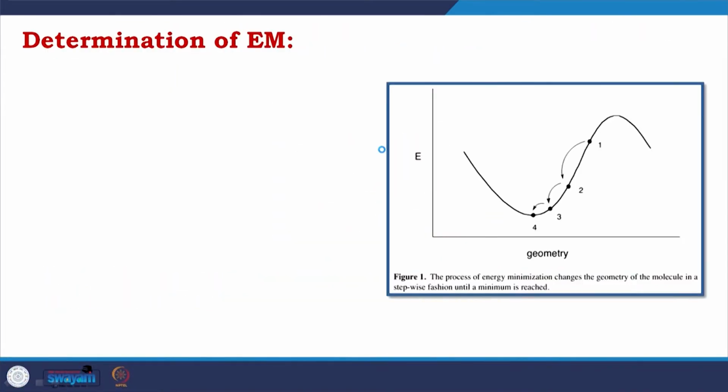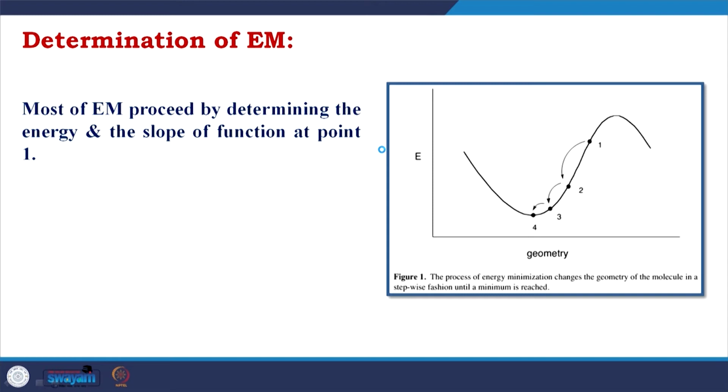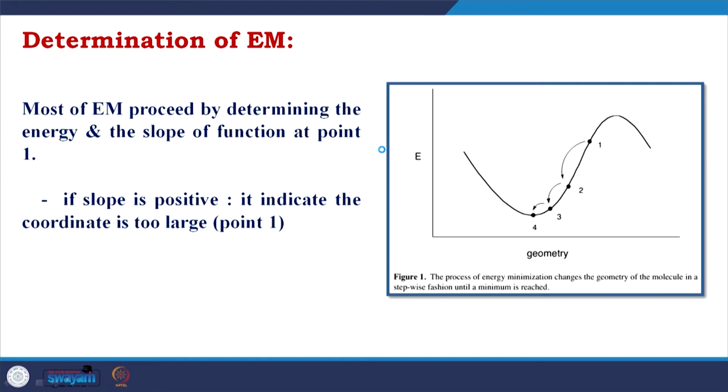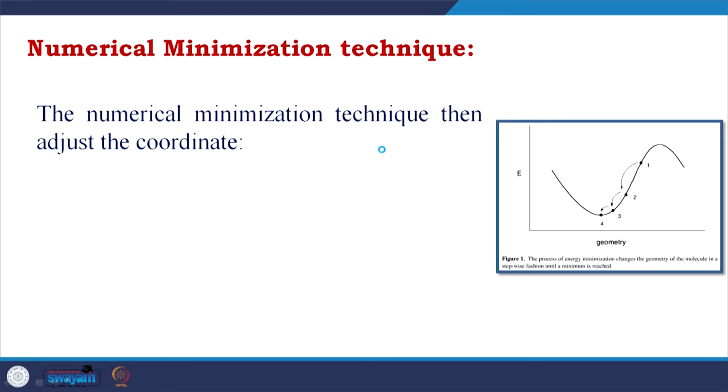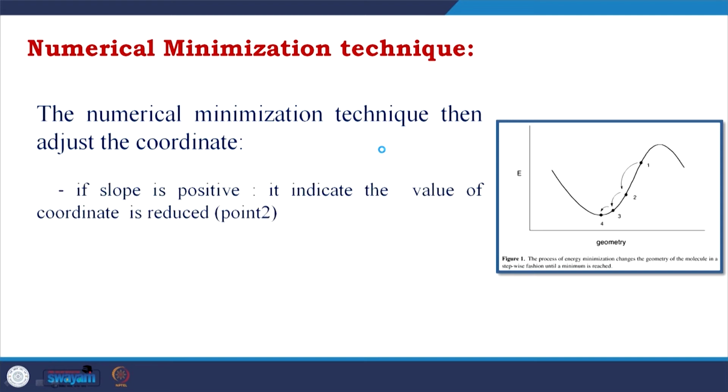Most energy minimization methods proceed by determining the energy and the slope of the function at point 1. If the slope is positive, it indicates the coordinate is too large. If the slope is negative, the coordinate is too small. After that, you can optimize further with a numerical minimization technique, which adjusts the coordinate.